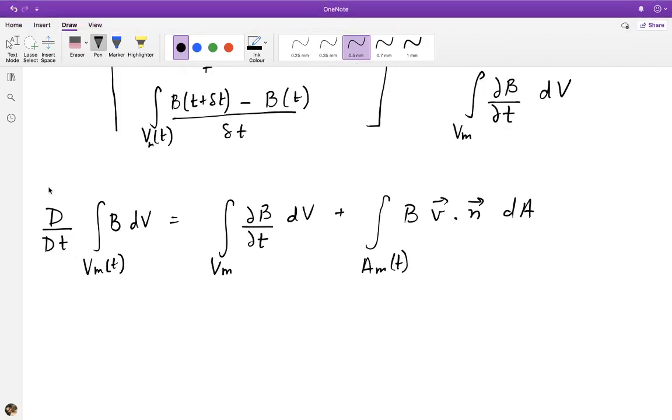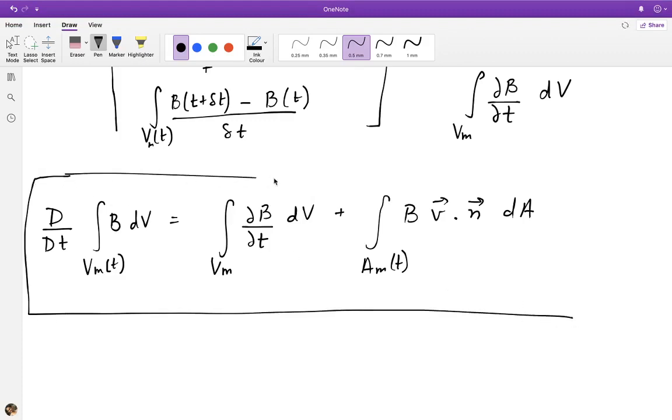So this is the result that we are after, and it's called the Reynolds transport theorem.